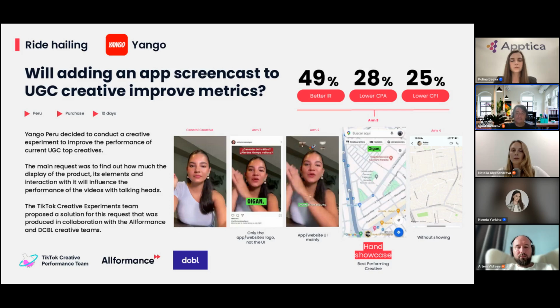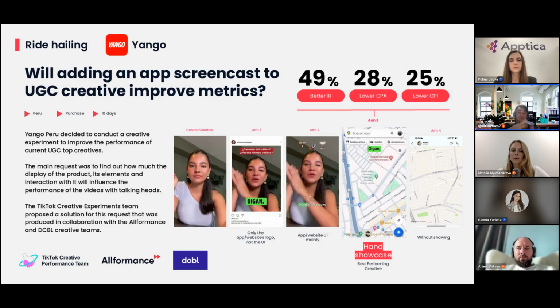And the next case is about ride hailing, our client Yango. So the case was: will adding an app screencast to the UGC creative improve metrics?